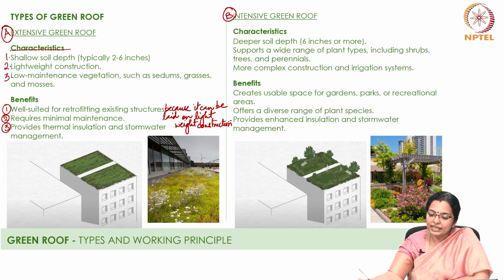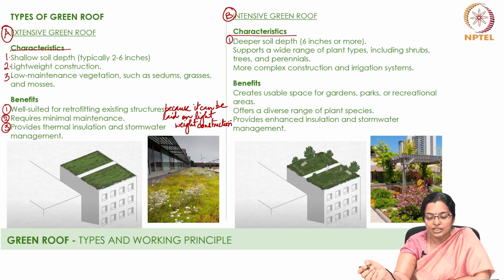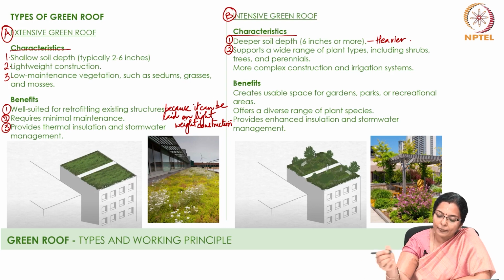If we look at intensive green roof, this is characterized by deeper soil depth, about 6 inches or more. So, it becomes heavier. It supports a wide range of plant types including shrubs, sometimes small trees and perennials.